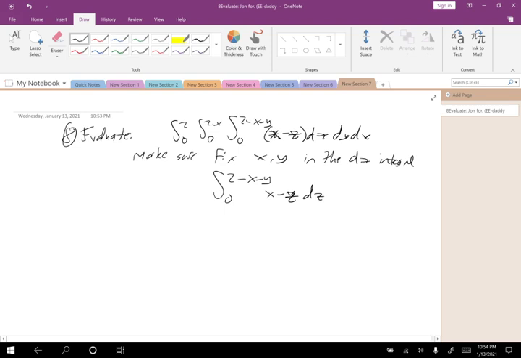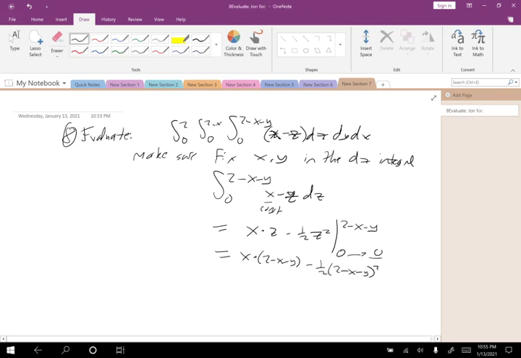So that is to say, we can actually treat x as a constant here. So when we integrate, this is x times z minus 1/2 z squared, evaluated from 0 to 2 minus x minus y. So obviously the lower limit doesn't do much, just goes to 0. So x times 2 minus x minus y. And then we have minus 1/2 2 minus x minus y squared.